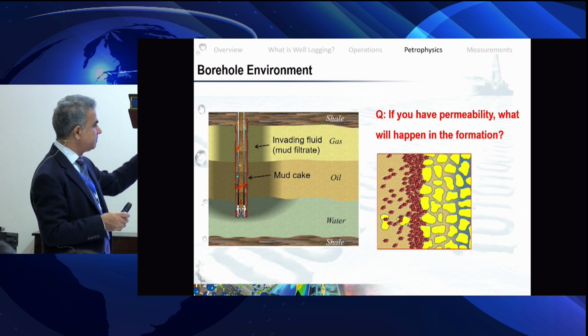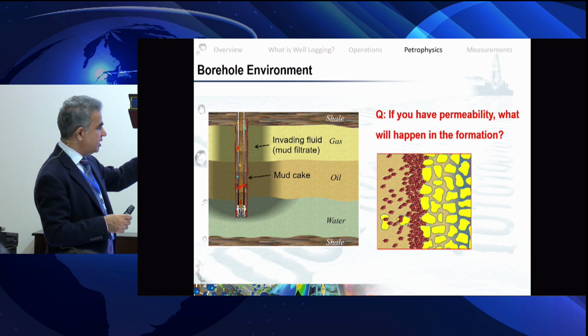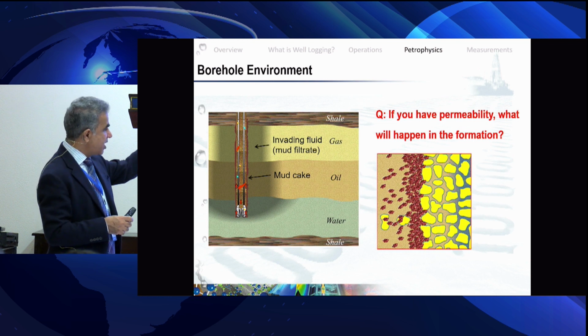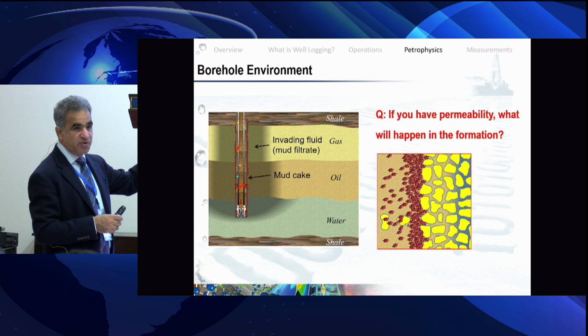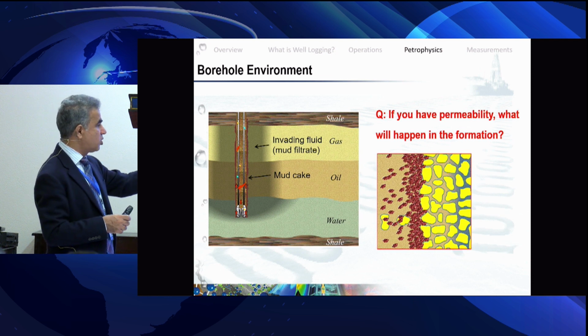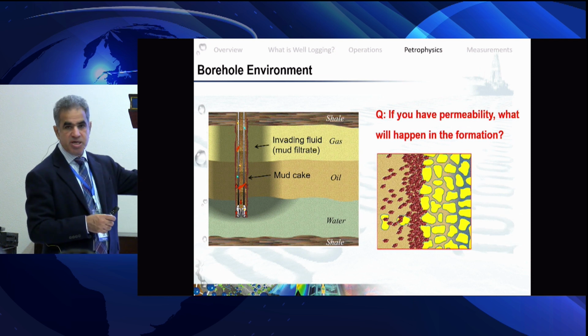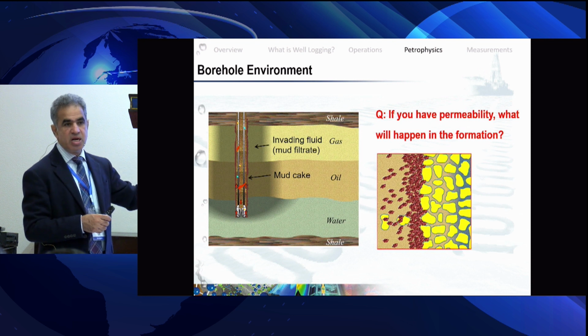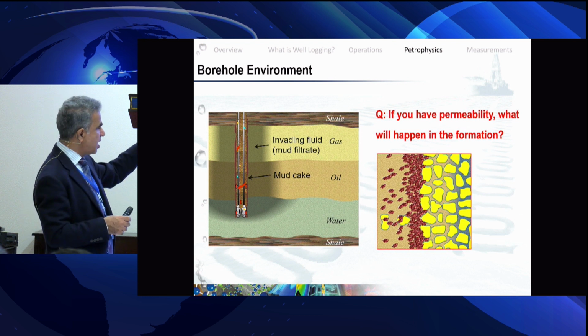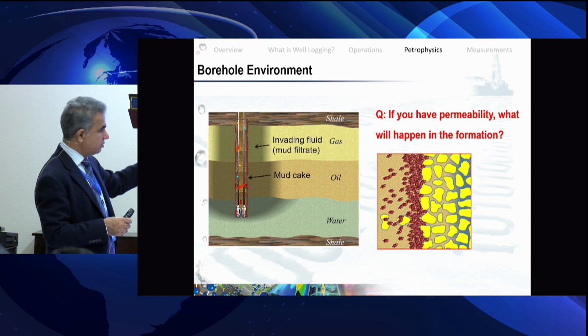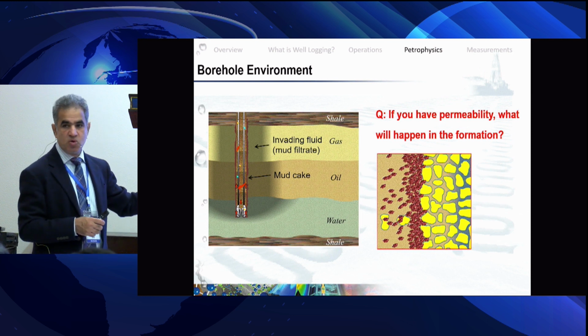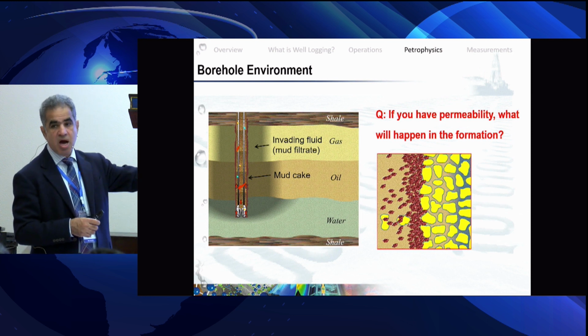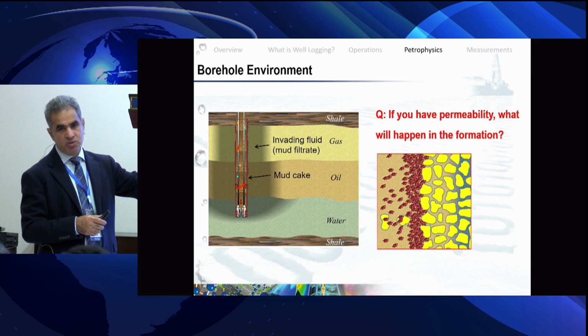We call this the mud cake. Mud cake means the fines will deposit along the borehole and the liquid part penetrates into the formation. We call it invasion. So you will have a borehole and then a flushed zone and then an uninvaded zone, or virgin zone.